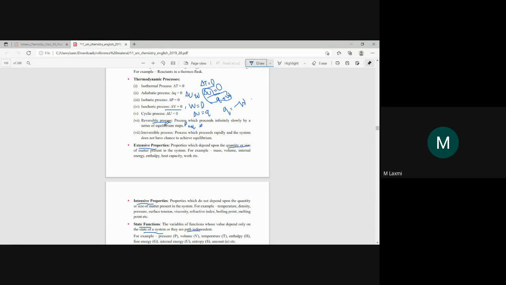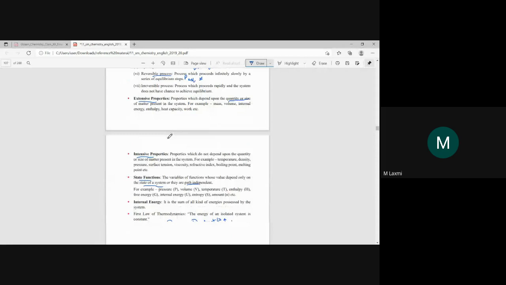Under reversible, you have to remember two more points. For a reversible process, external pressure is not constant, so I will be getting an exponential graph. Under an irreversible process, my external pressure will be constant, so I will be getting a rectangular graph.